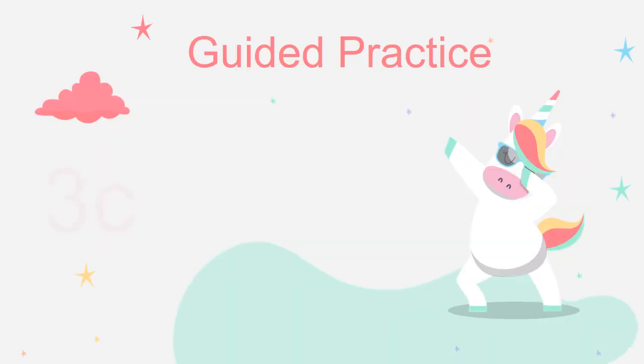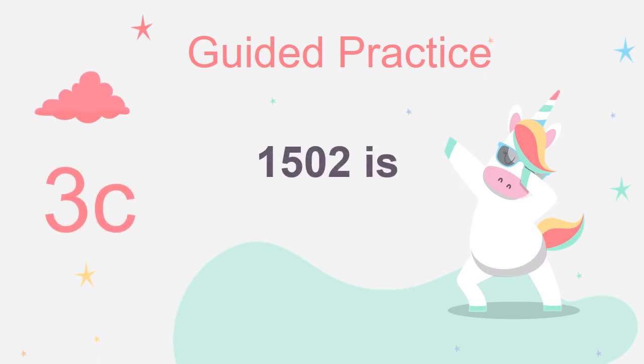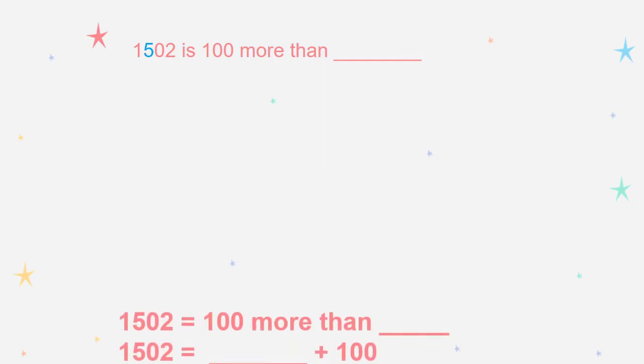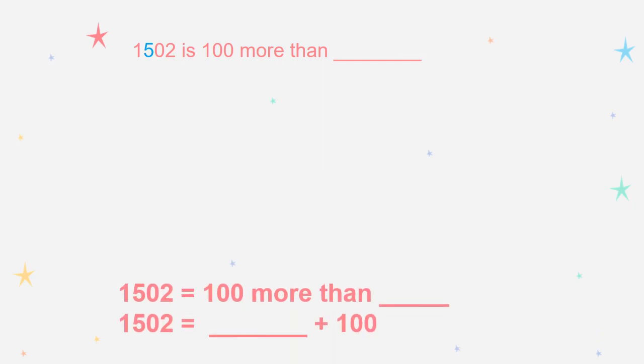Now we go to 3C. 1,502 is 100 more than blank. Actually, it will become easier if you write the expression first, okay? So 1,502 is equal to 100 more than.